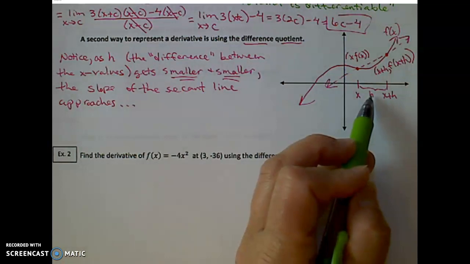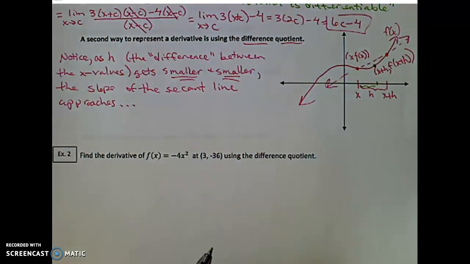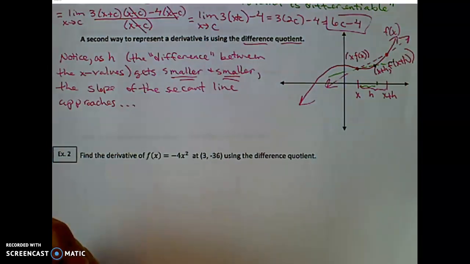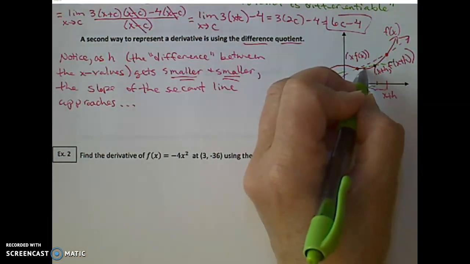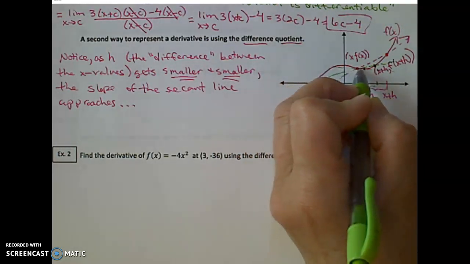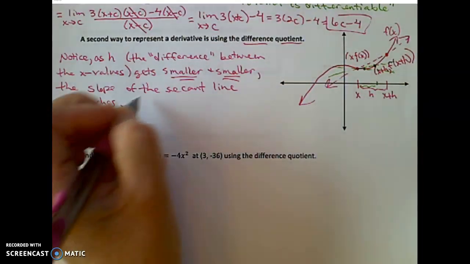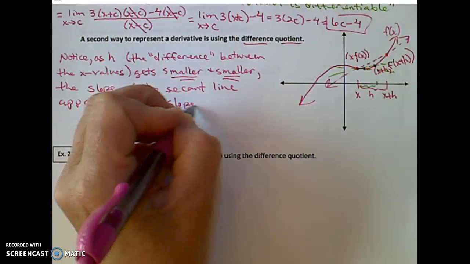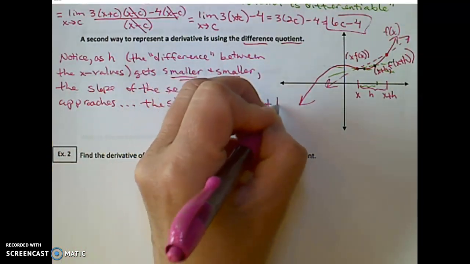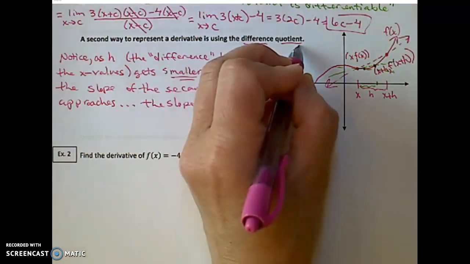If I could shrink that h value and find the slope again of that secant line, and shrink that h value again and get even closer, notice that the slope of the secant line gets closer and closer to the slope of the tangent line. And that's what we mean by finding the slope of the tangent line with the difference quotient.